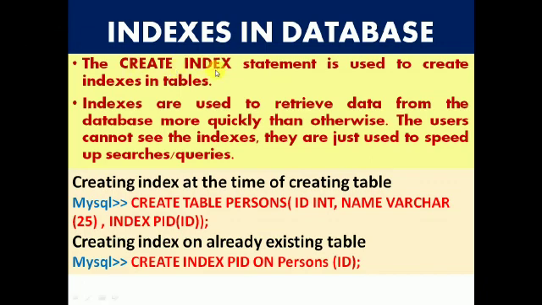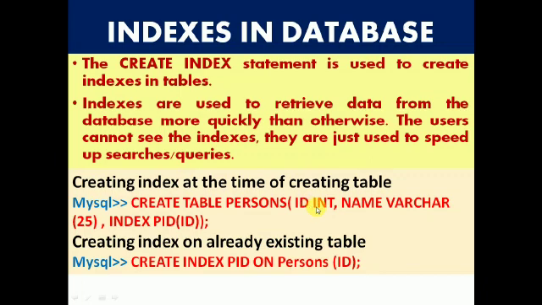We can create an index in two different methods in MySQL. You can create the index while creating the table itself, or you can create the index once your table is created. After that, if you want to add, you can use the CREATE INDEX command also. Now the first example is where we are creating the index when we are creating the table. So we have created a table with the name persons.